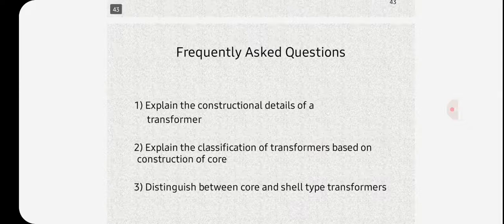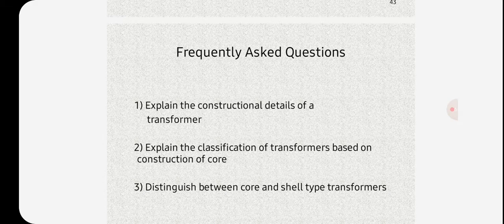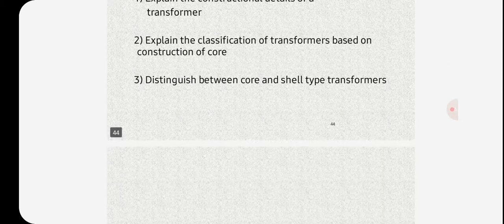So these are the three important topics, and these questions are important for examination also. These are the frequently asked questions. So this is today's class.